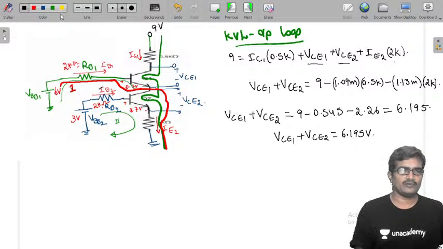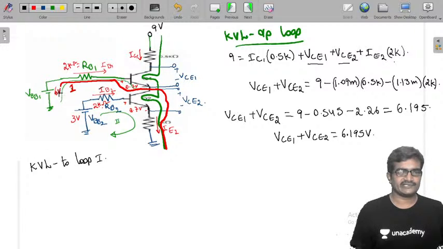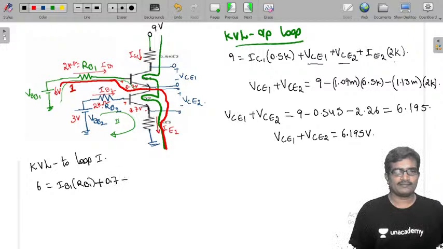So from applying KVL to loop 1, 6 volts equals IB1 into RB1 plus 0.7 plus VCE2 plus IE2 into 2 kilo ohms.